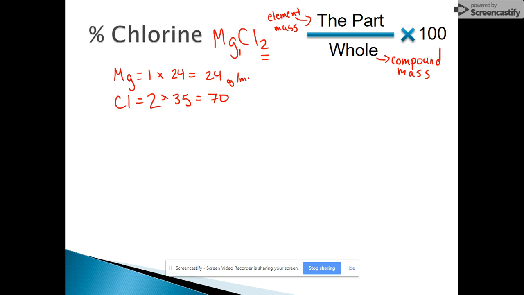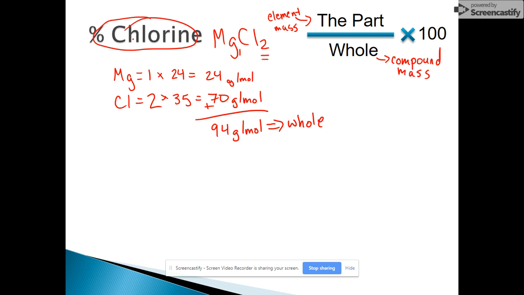Again, our units are grams per mole. We add these together and we get a total mass of 94 grams per mole. And again, this is going to represent the whole.